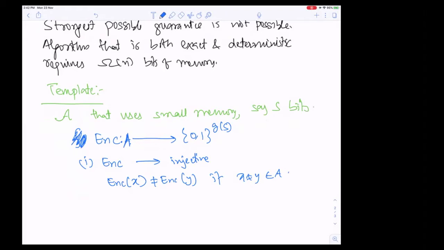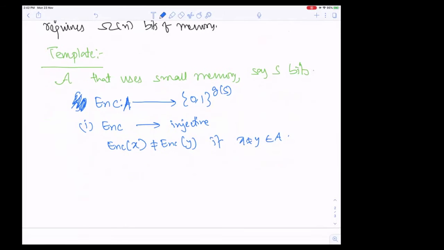So if two different strings in A do not map to the same string, then what does that imply? This implies that g(S) must be greater than or equal to log base 2 of the cardinality of A.